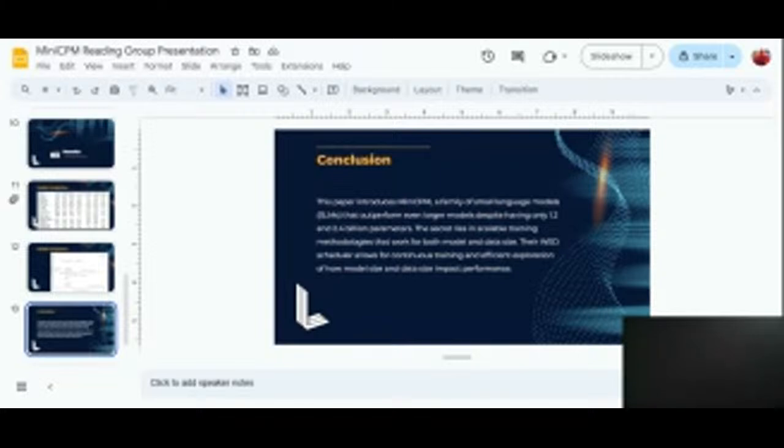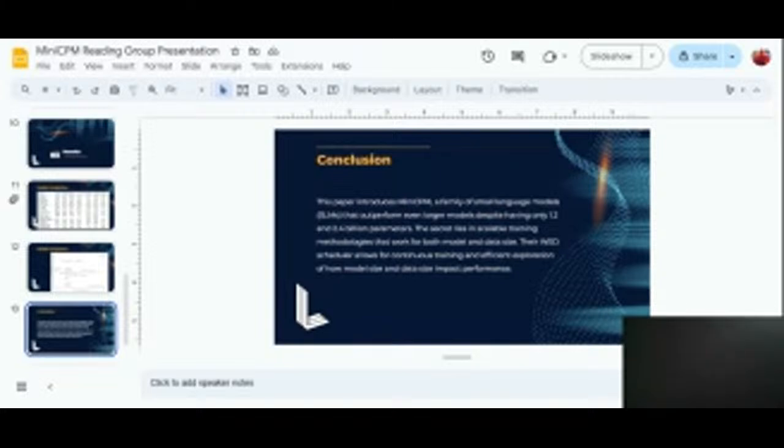These models demonstrate performance comparable to their large language model counterparts. The training methodologies are scaled in terms of both model and data size, offering potentially applicable insights for the development of large language models.